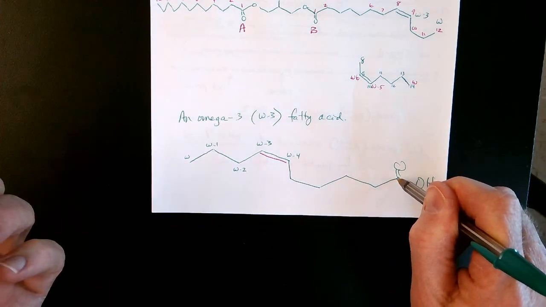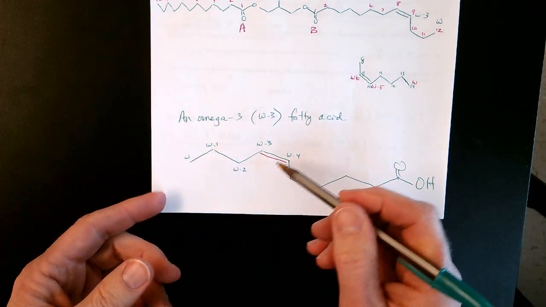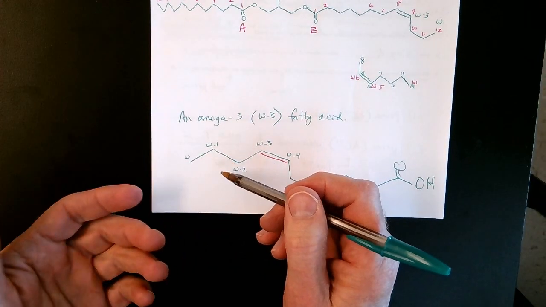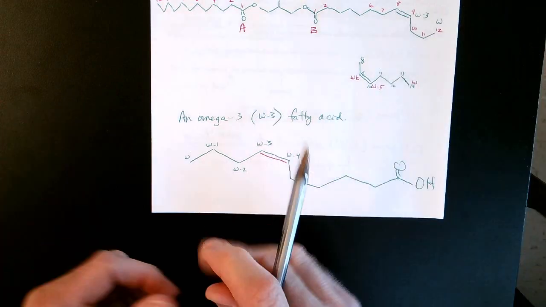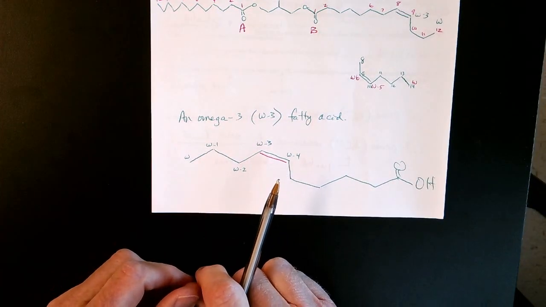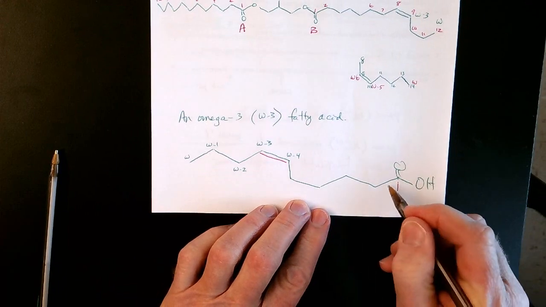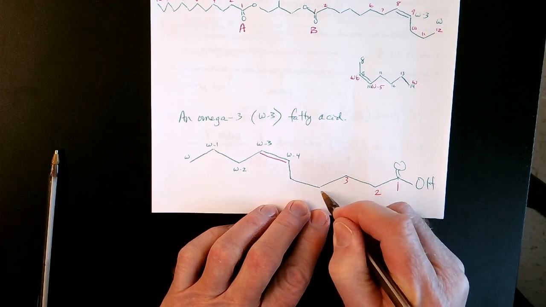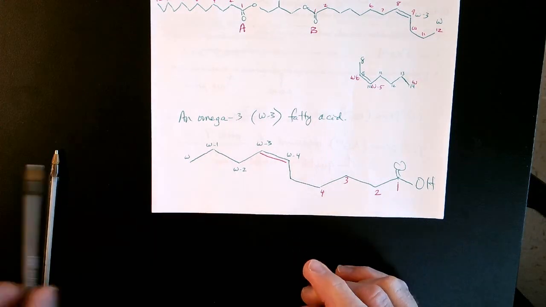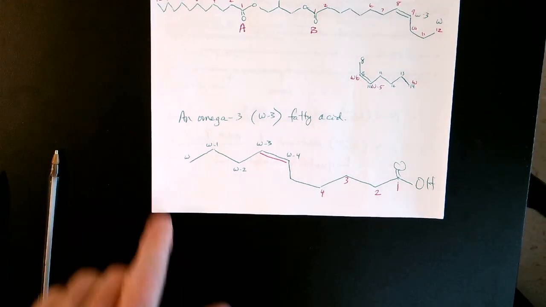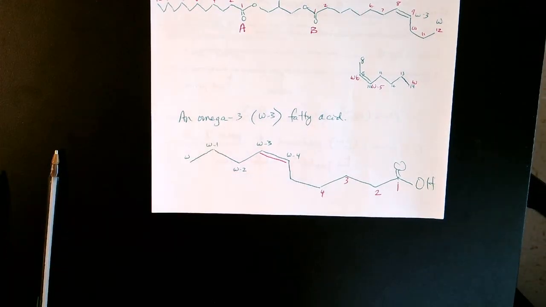It's very chemical. The biological language tends to focus on other parts of the structure, and so you've got to deal with both. So numbering would be from this end: 1, 2, 3, and 4, but not omega. Omega means you go from this end.